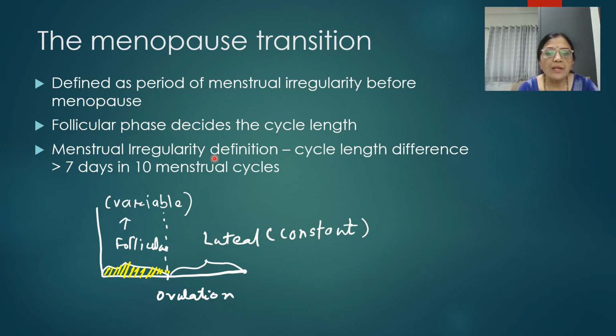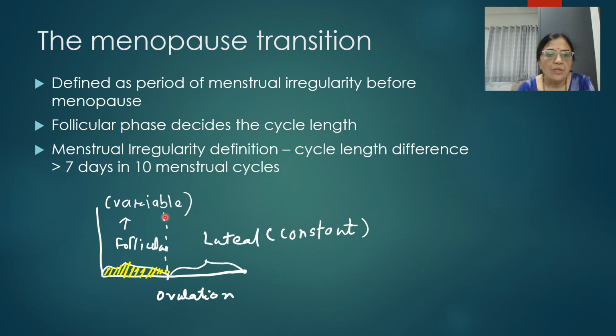The definition of menstrual irregularity in the menopausal transition is a cycle length difference of more than 7 days in 10 menstrual cycles. So a patient might say that some of the cycles I am getting in, say, 25 days. Some cycles are coming after 35 days. So 25 days, 35 days, the cycle difference is 10. That means she has menstrual irregularity.